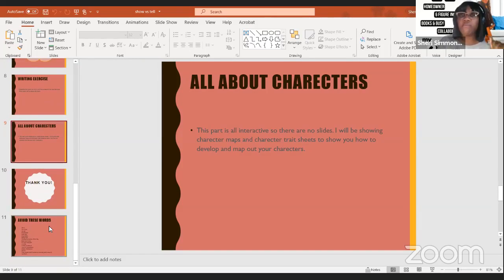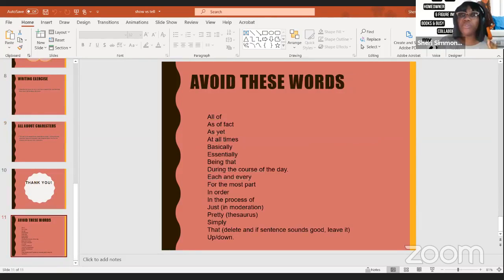And one last thing before I go, these are words to avoid: all of, as of, fact, as yet, at all times, basically, essentially, being that, during the course of the day, each and every, for the most part, in order, in the process of. The word just, please use in moderation.